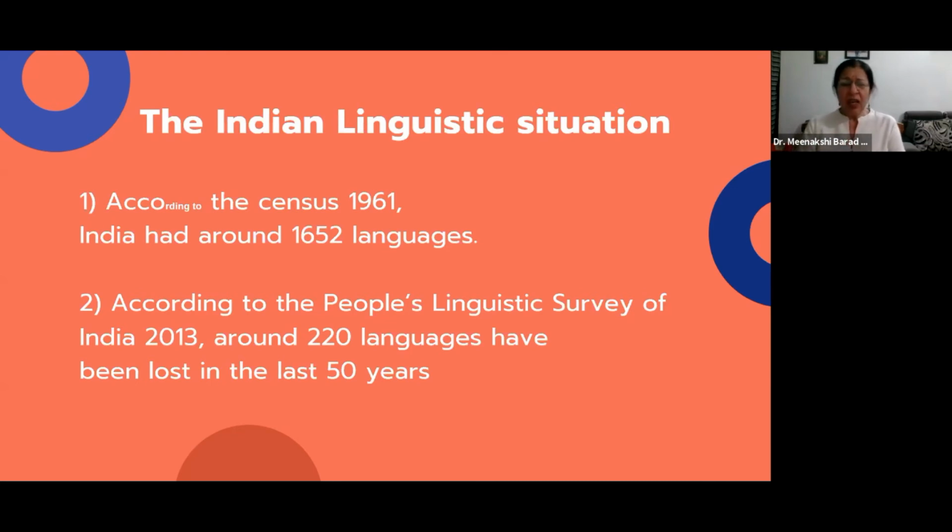In India alone, there exist now more than 780 languages. And as we can see, about 220 languages have been lost in the past 50 years.